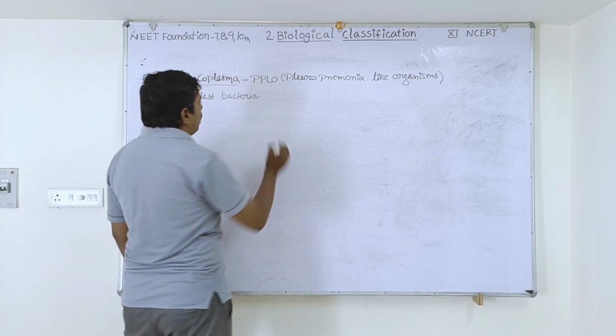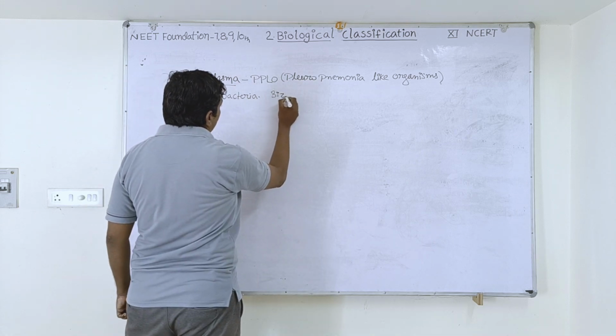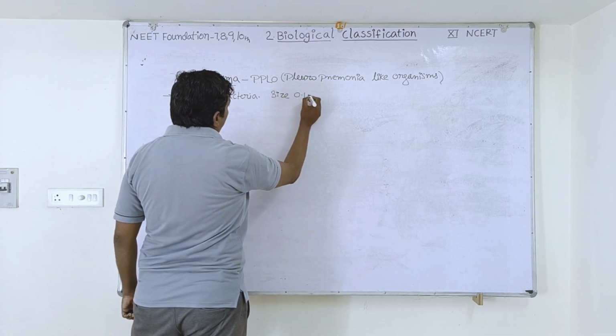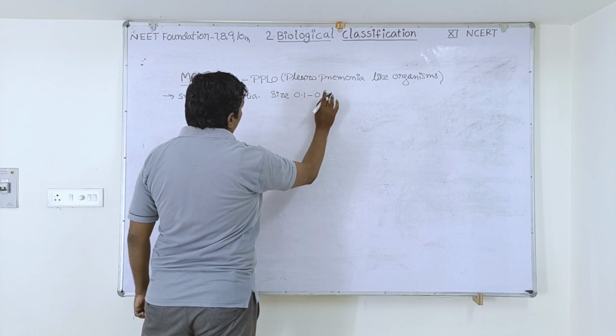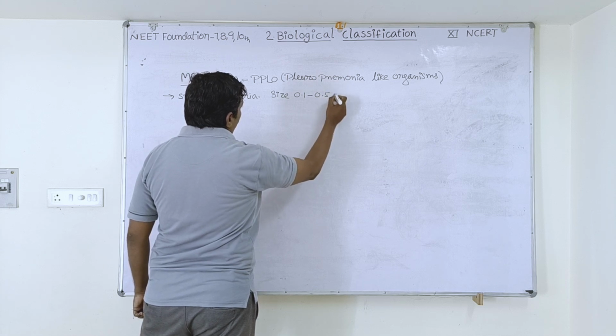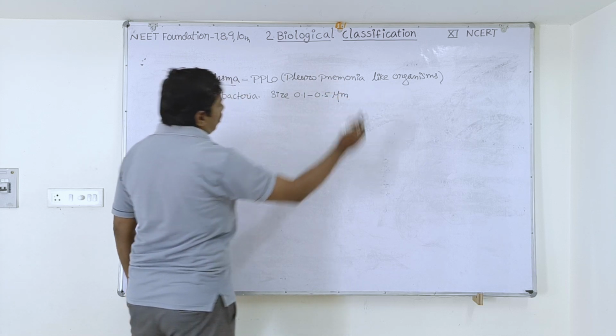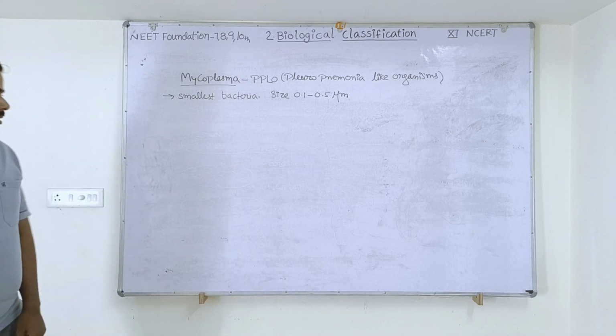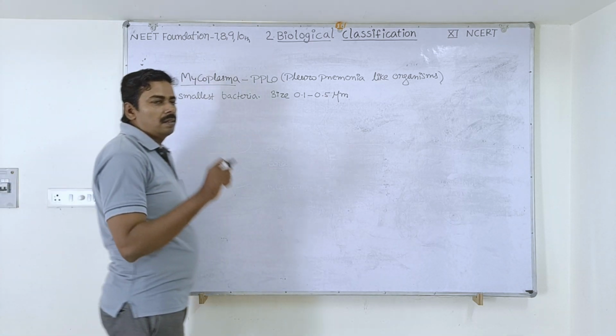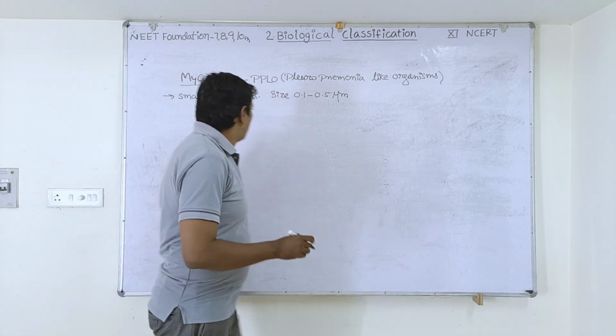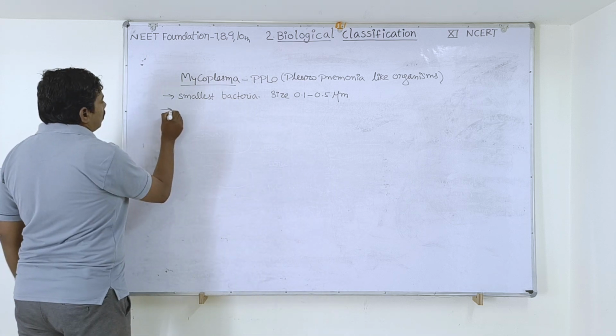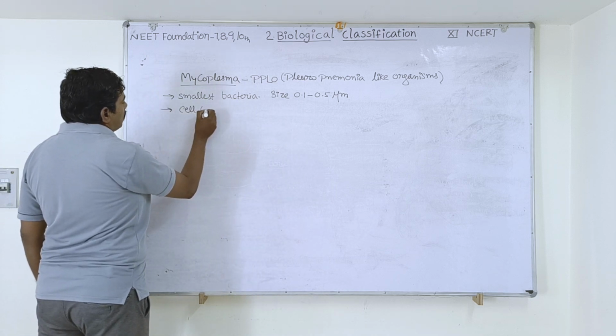And what about their size? Their size ranges from 0.1 to 0.5 micrometers. Very small, smaller than normal bacteria. Okay. And one more character here. Cell wall is absent.